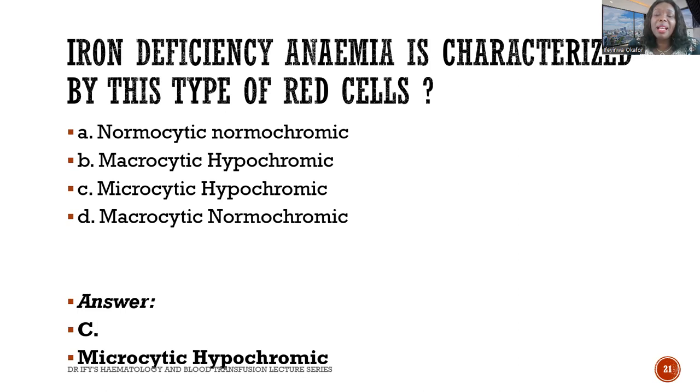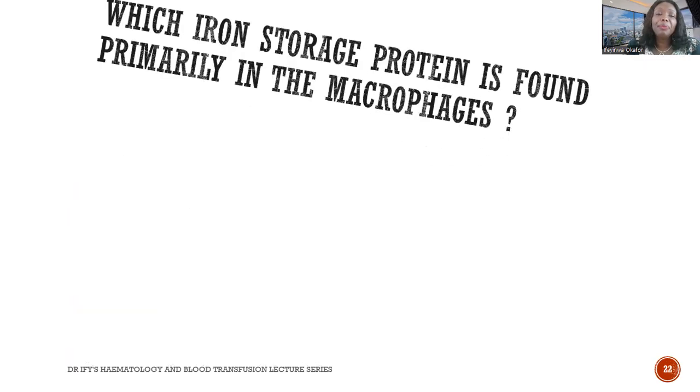Iron deficiency anemia is characterized morphologically by microcytic hypochromic red cells, though it is not the only thing that causes microcytosis or hypochromic red cells. But the classical picture of a patient with iron deficiency anemia is characterized by microcytic hypochromic red blood cells.